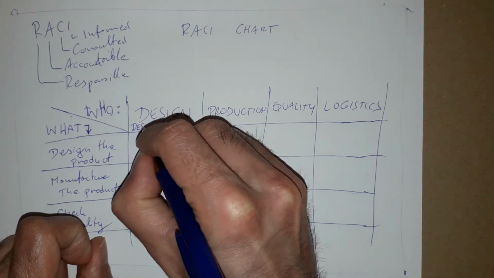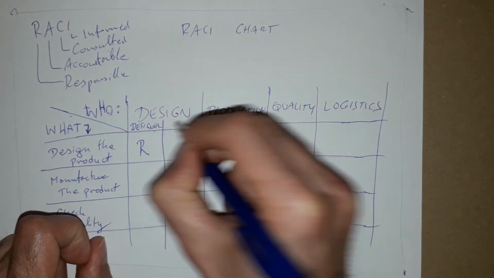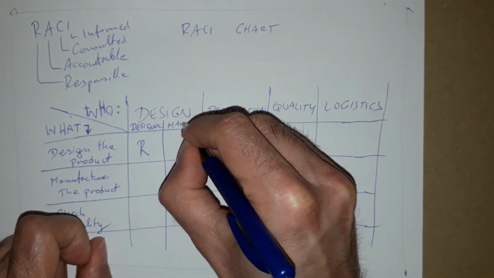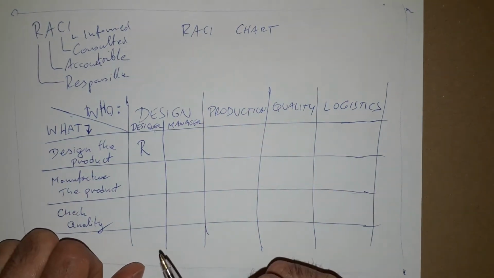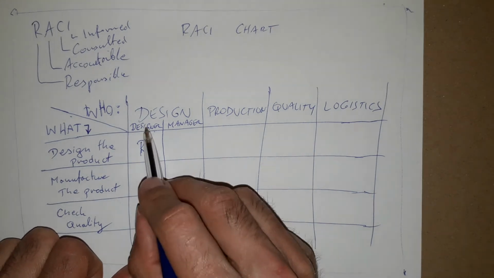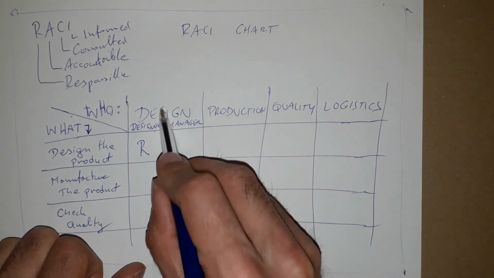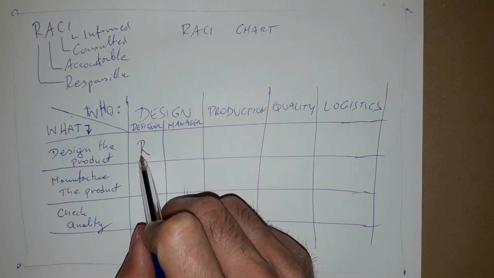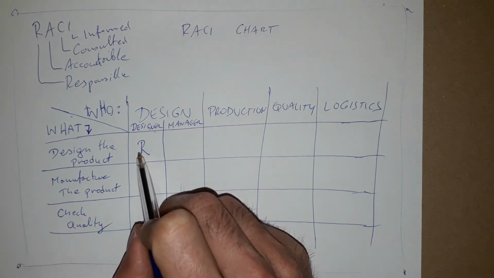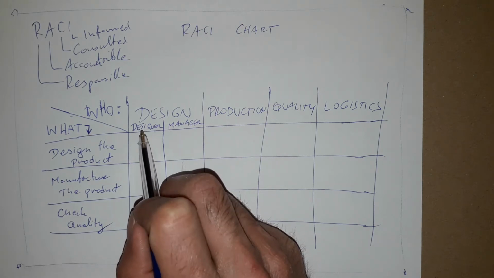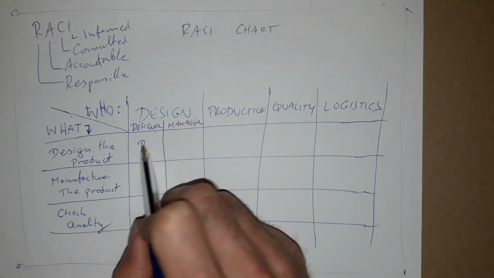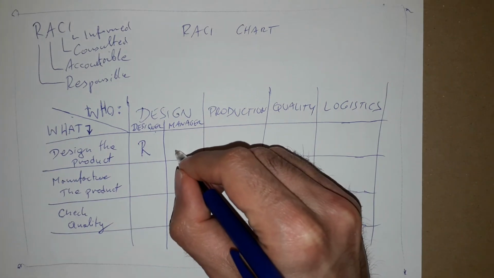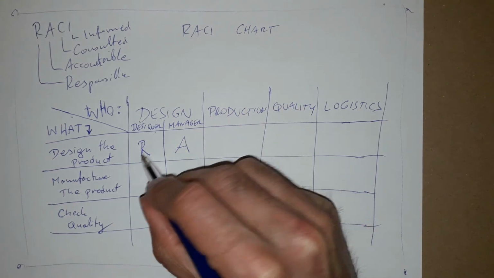Designer and manager. So the designer, the guy in the design department, is responsible to do the job, to open the software, to design the product, to save the file, to send it to the manager. And now the manager will be accountable for his job.